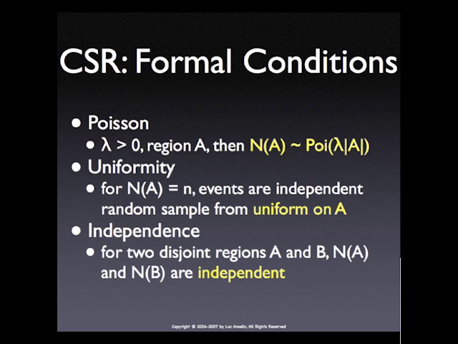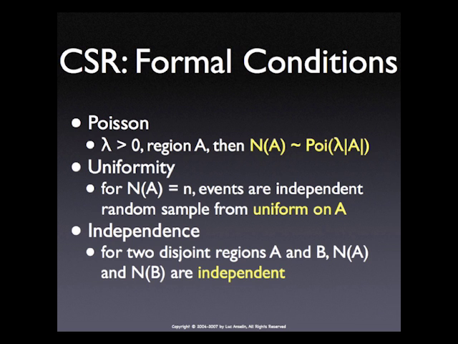And the second important consideration is independence, where we assume or require, if you wish, for a process to be completely spatially random, that there is no interaction between the locations. In other words, if you take a subregion A and a subregion B, two regions that are not overlapping, then there is absolutely no connection between the number of points in either of these regions.